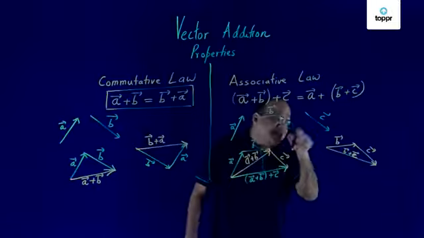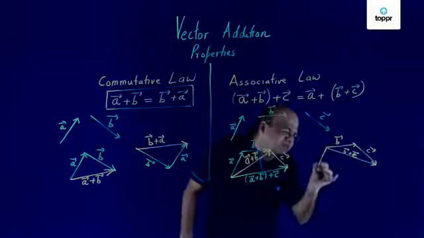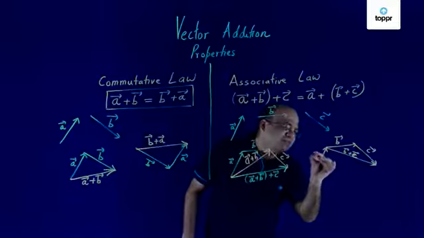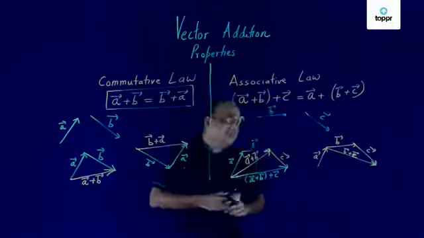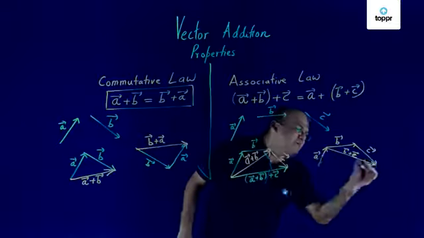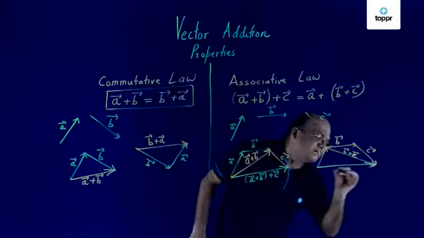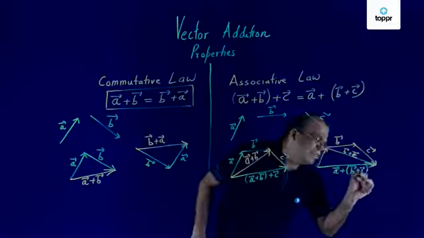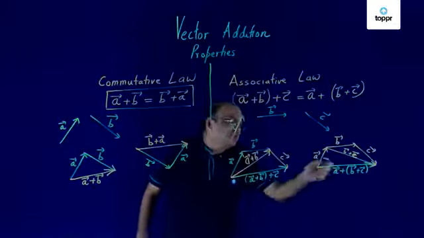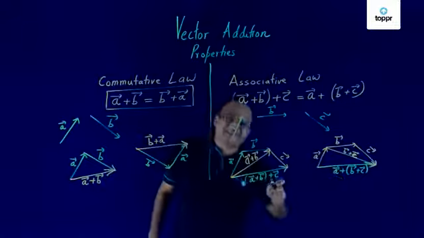Now to add A to B plus C. So I draw A here. So this is now my A vector, right? Parallel to it this and same length C. So now A plus B plus C will give me this vector, right? And if I have done everything correctly, these two will be parallel, equal in length.